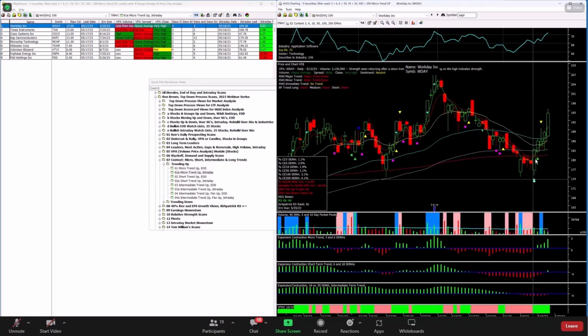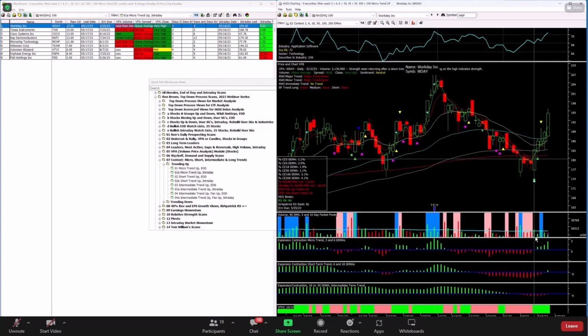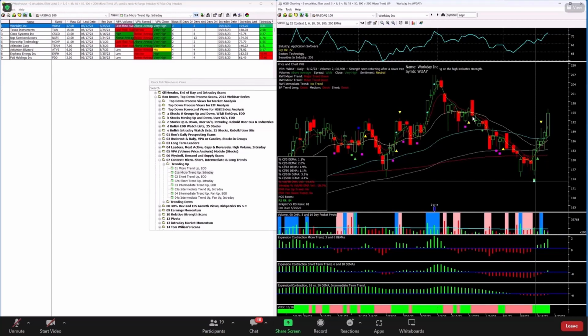Yeah, that crossover, it's really hard to see right here, but the green did cross over there. It didn't show up on the histogram, or if it did, I cannot see it. But this was a buy right here, and this has moved up since.